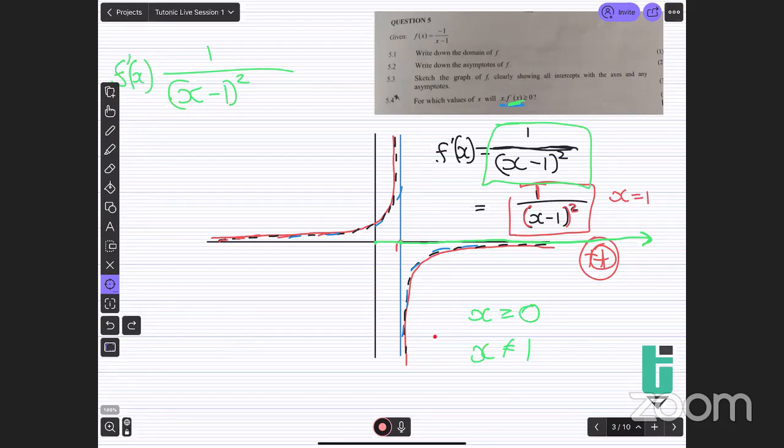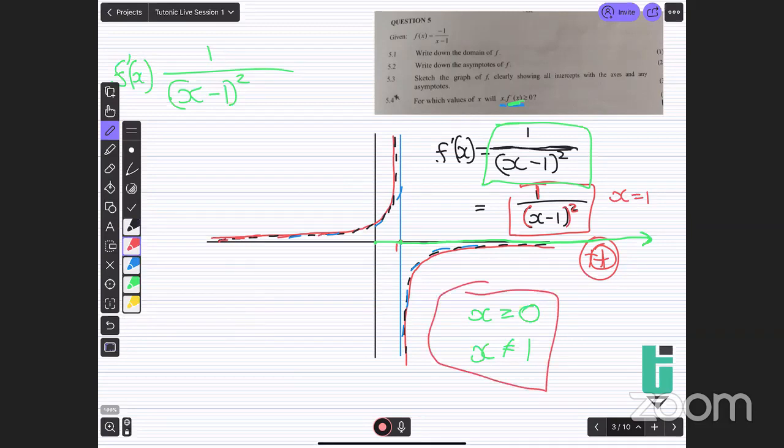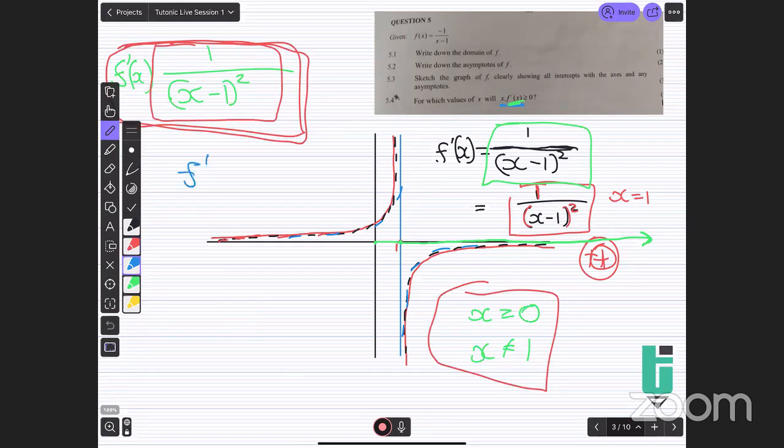That's exciting, guys. Have they ever taught you about a turning point for the hyperbola? No. This is why. This is the maths behind it, because this is the gradient or the derivative of the hyperbola. And for there to be a turning point, what did we say? The derivative must be 0.